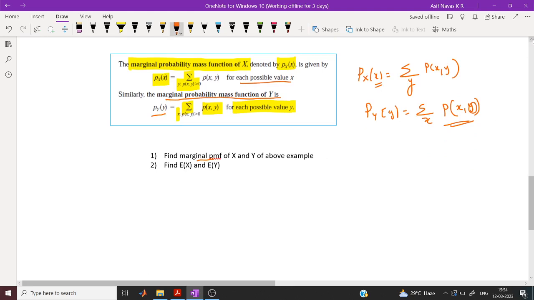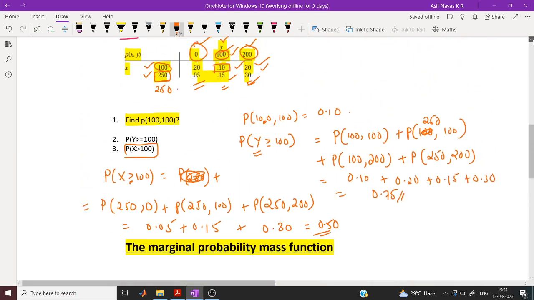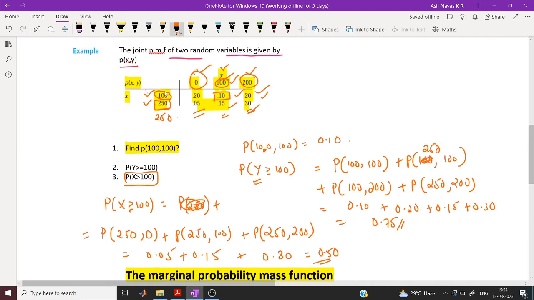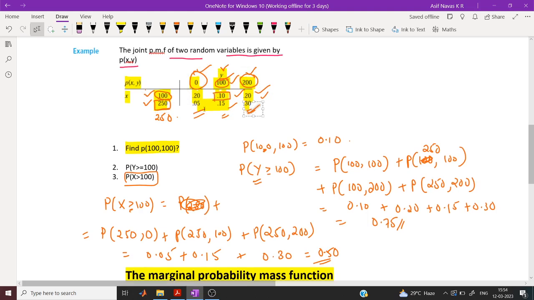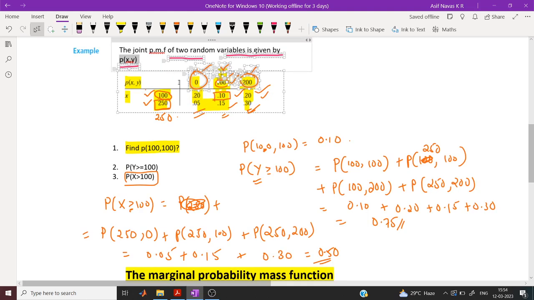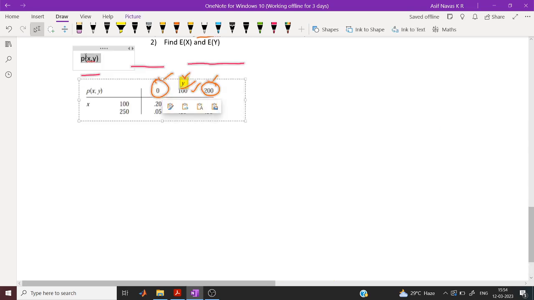So I will take this example and paste it here.